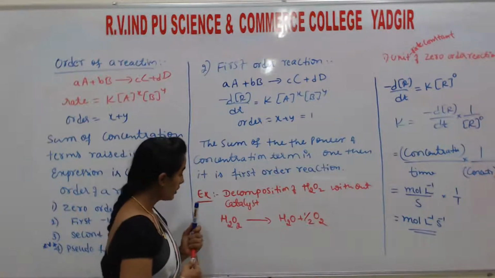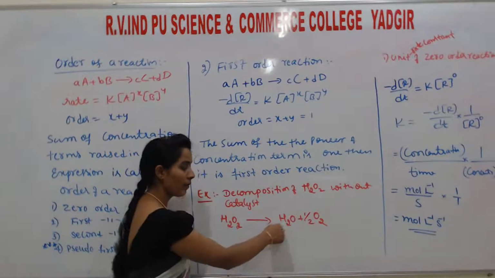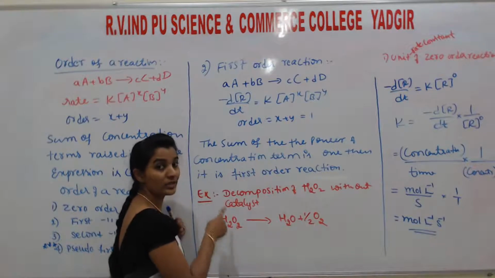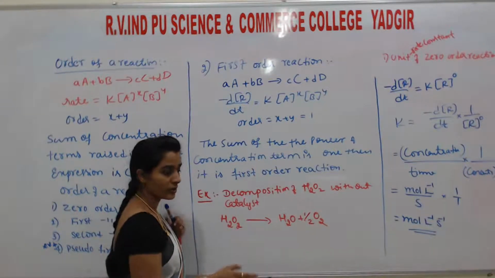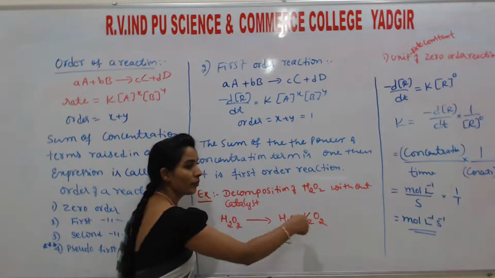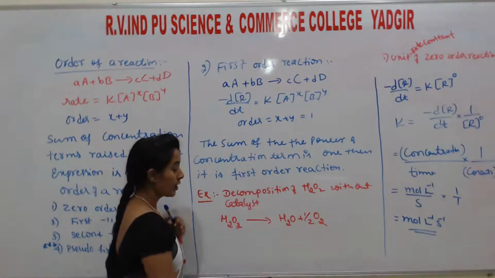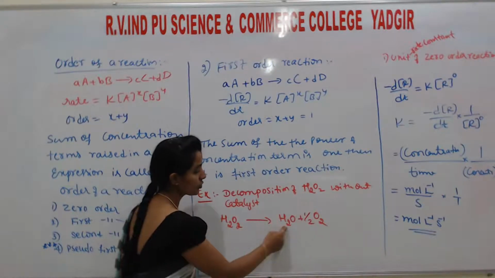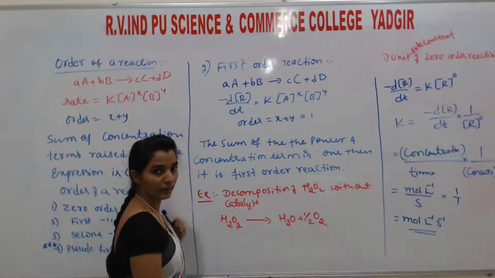Understand? So here, how much H2O will form, how much O2 will form, that depends on what? How much H2O2 will decompose. If 1 mole of H2O2 decomposes, 1 mole of H2O and half mole of O2 will form. Okay? If 2 mole of H2O2 decompose, then 2 mole of H2O and 1 mole of O2 will form.